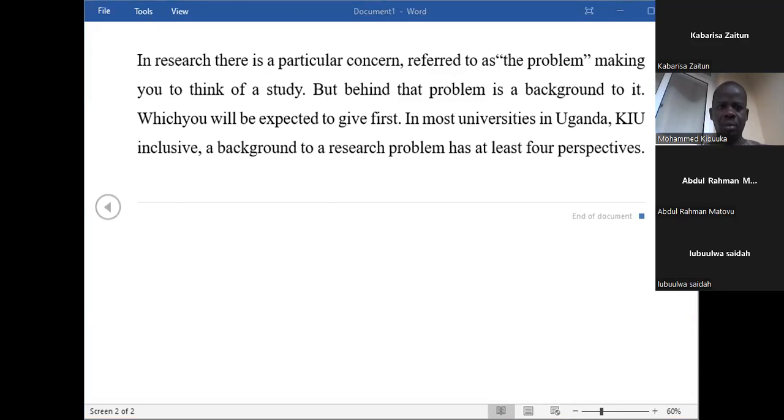Zaitun might be offline. For me, we used to use waste management as the example problem.